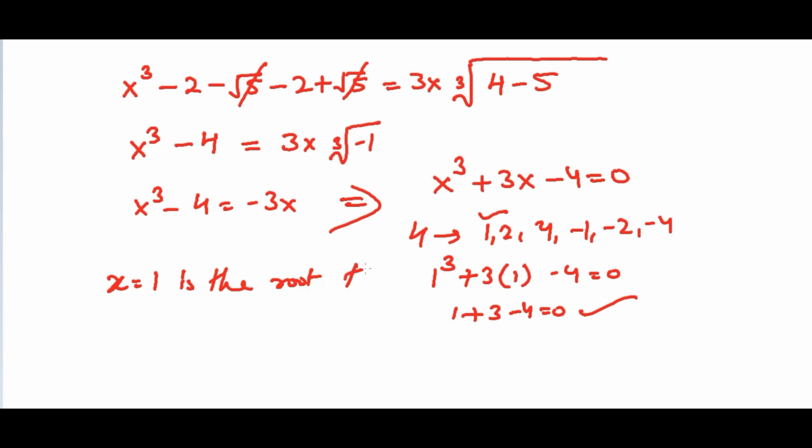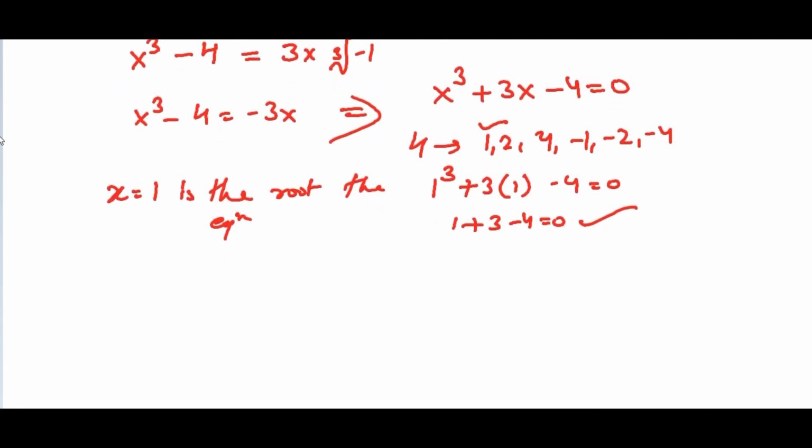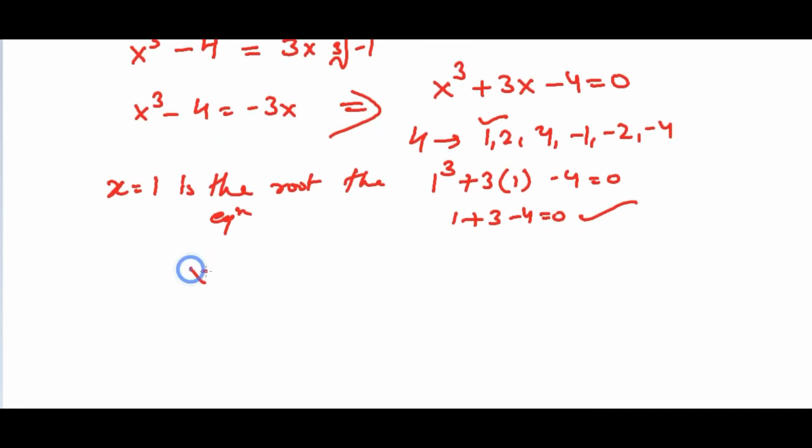If this is a root of the equation, what are the other two roots? As this is a cubic equation, we need to find the remaining two roots also. So let me find them by reducing it by x minus 1. You need to divide it. If I do the division by the synthetic method, let me teach you the synthetic method this time.